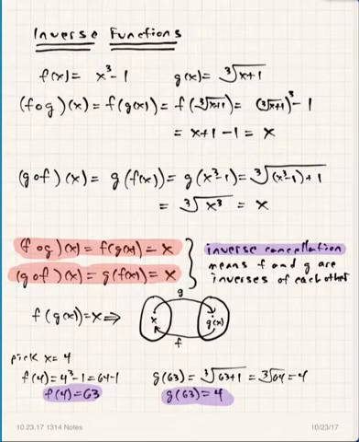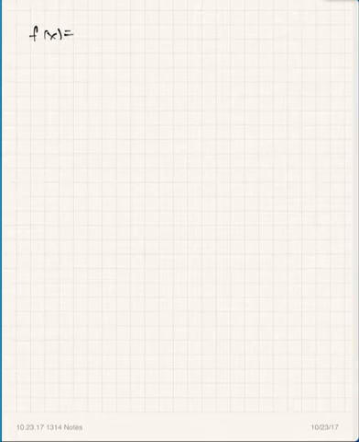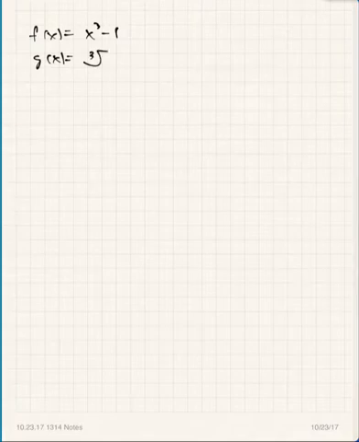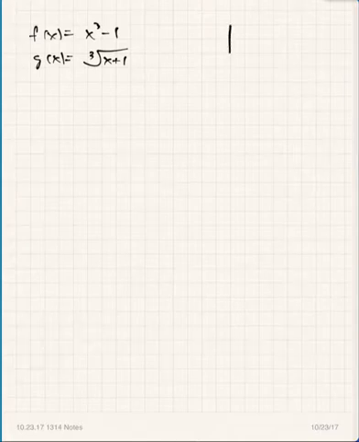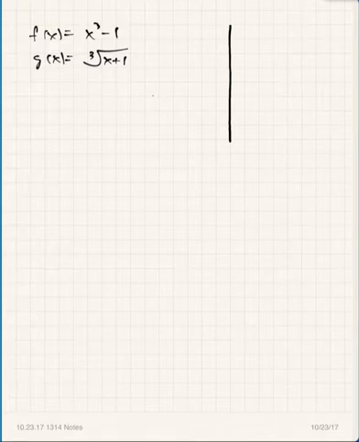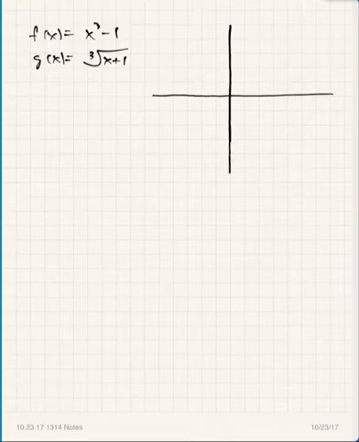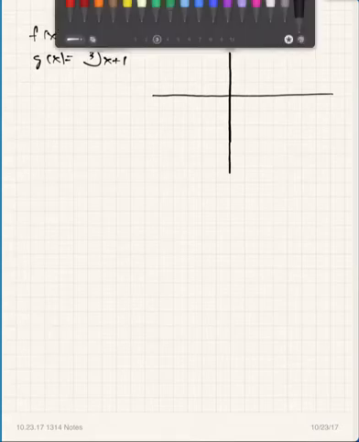All right. Now, if we continue to look at those two functions that are inverses of each other, you have f of x is x cubed minus 1, and g of x was the cube root of x plus 1. Those are the two I was looking at. If you look at their graphs, we're looking at different features of functions that are inverses of each other. x cubed minus 1 is the cube function shifted down 1 unit.